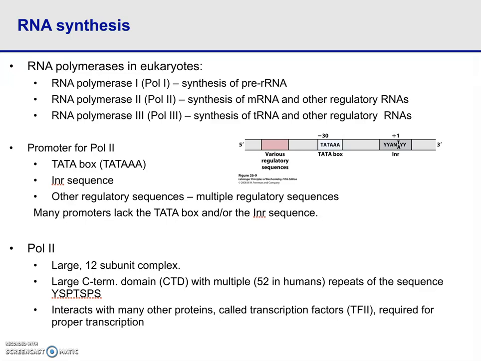And we will see that that is perhaps the reason why we have so many of these repeats and these amino acids in the C-terminal domain, because the regulation of RNA polymerase happens primarily by phosphorylation in the C-terminal domain. In addition to that, RNA polymerase 2 interacts with many other proteins called transcription factors, or TFII, which are required for proper transcription.